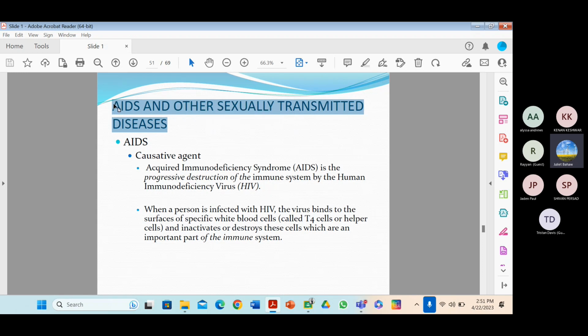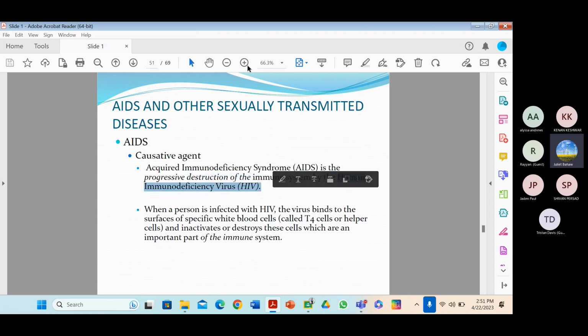AIDS is a pathogen. Well, to begin, it stands for Acquired Immune Deficiency Syndrome. How is AIDS caused? First, the person has to have the HIV virus. HIV stands for human immunodeficiency virus.